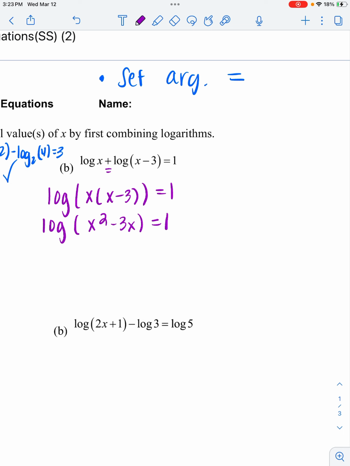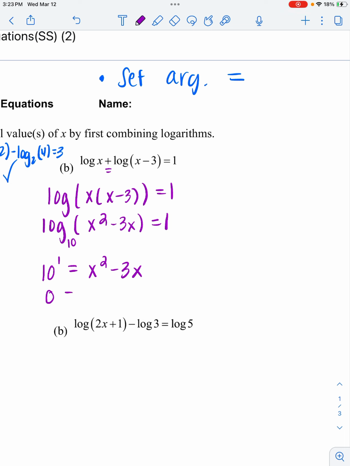This is a common log question, so there is a base of 10 that's just invisible. So now that I have a single log, I can turn it into exponential. Base to the exponent equals the argument. Anytime you have a quadratic, you need to set it equal to 0.